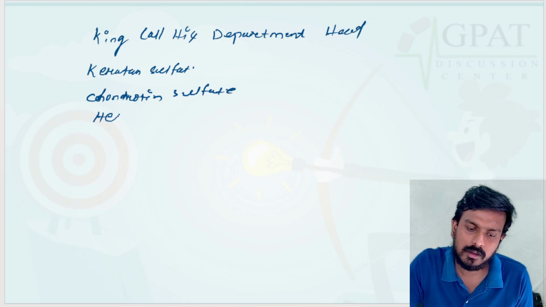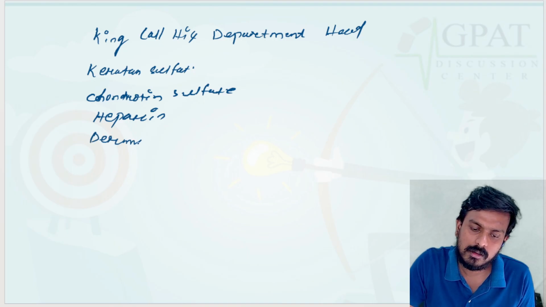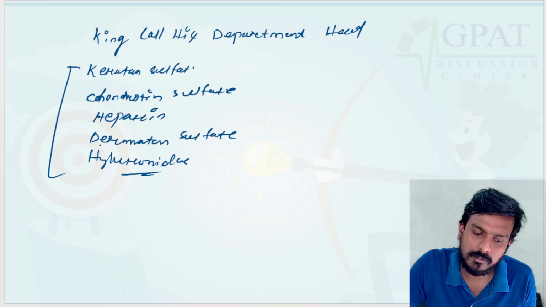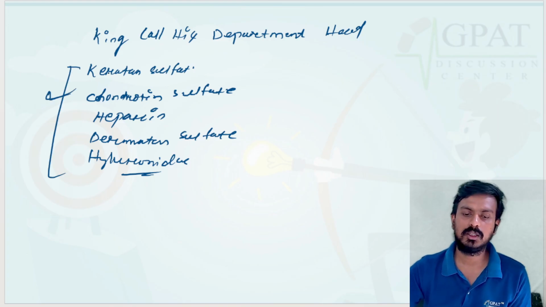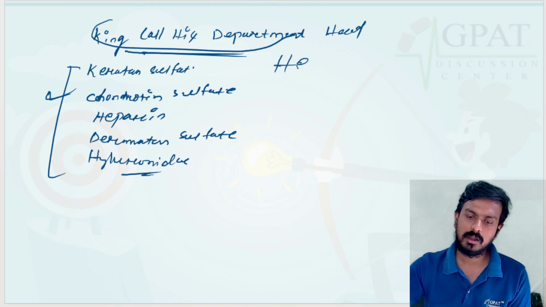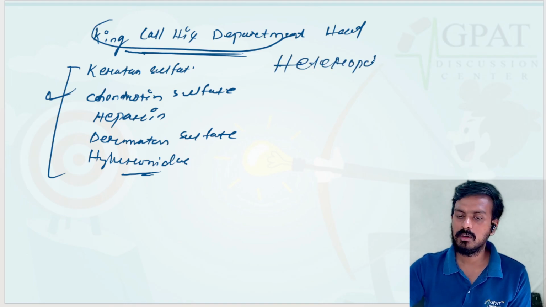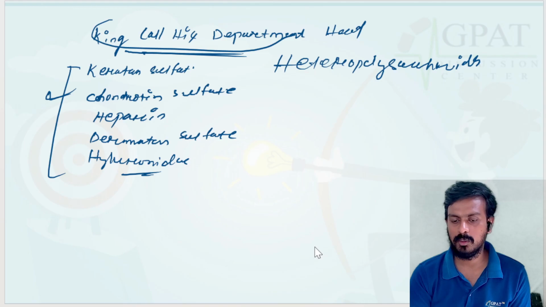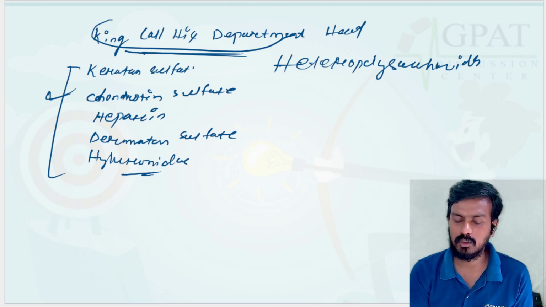H stands for heparin, dermatan sulfate, and hyaluronic acid. Okay, that is your King call his department head. This is a simple mnemonic to remember heteropolysaccharides. I hope this is clear to all of you.